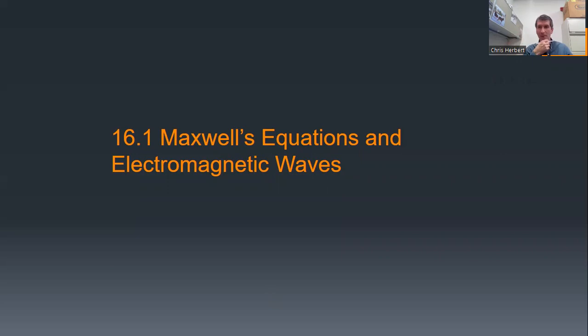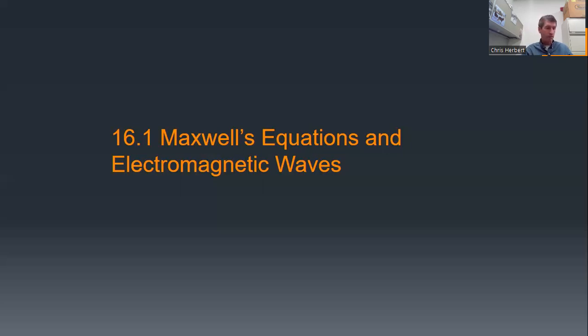Now, if you remember, from the end of Physics 2, we covered how electric fields could be generated by charges, and we also looked and saw how we could produce a magnetic field from moving charges.